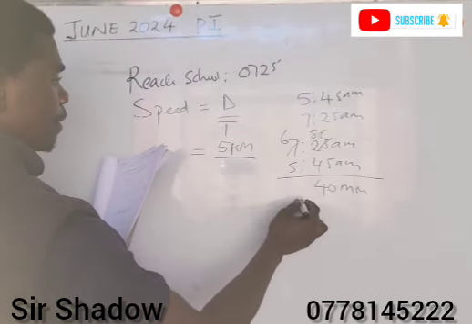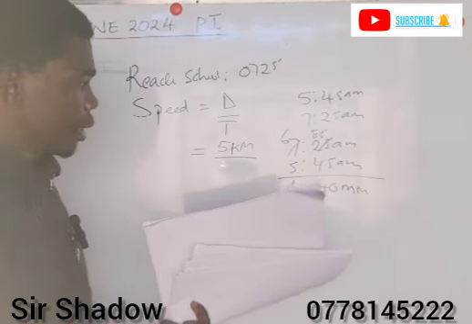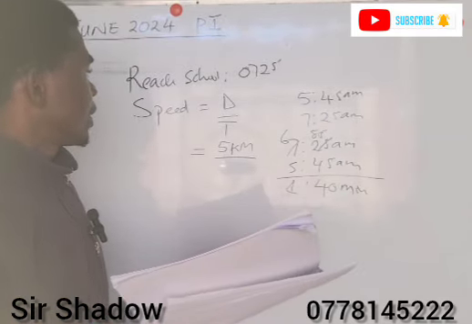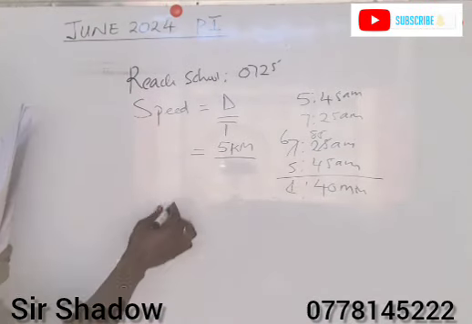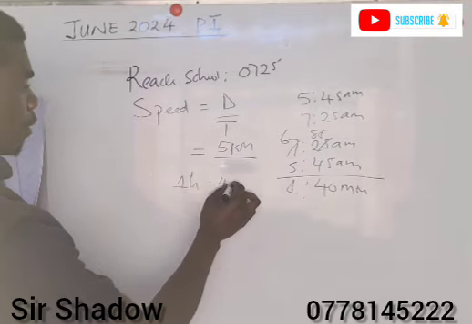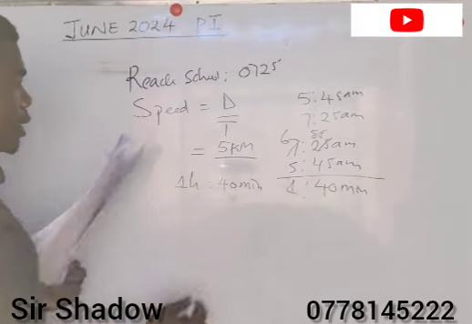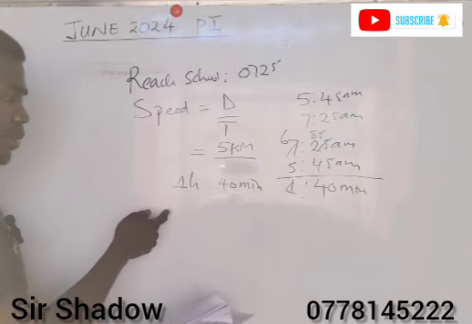Then 6 minus 5 is 1 hour. So the learner was walking for a time of 1 hour 40 minutes.